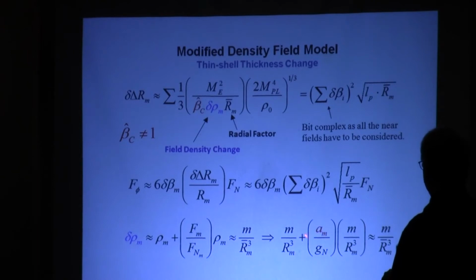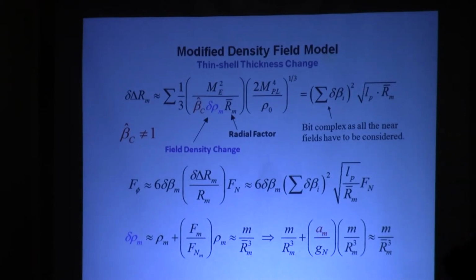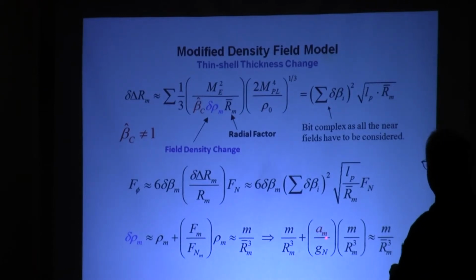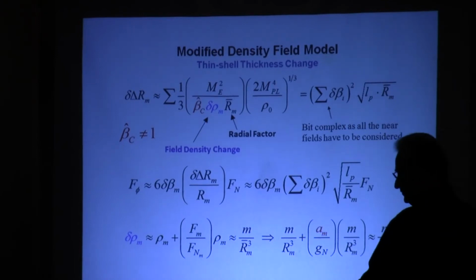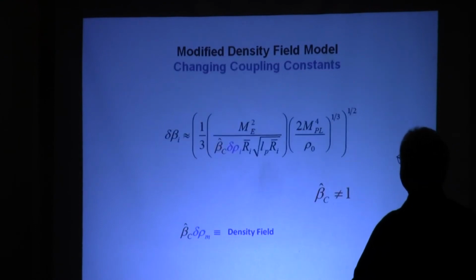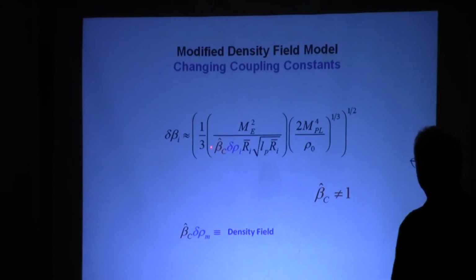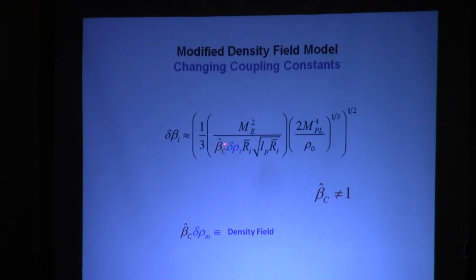But it really comes down to the fact that if you're moving, then you have an acceleration term that increases the density field's density, and it can overtake the actual density that you have in that field. So the field density can become larger as you move. And again, what I found out is that when you go back to these coupling constant equations, this coupling constant, which I call a motion coupling constant, is actually no longer 1.